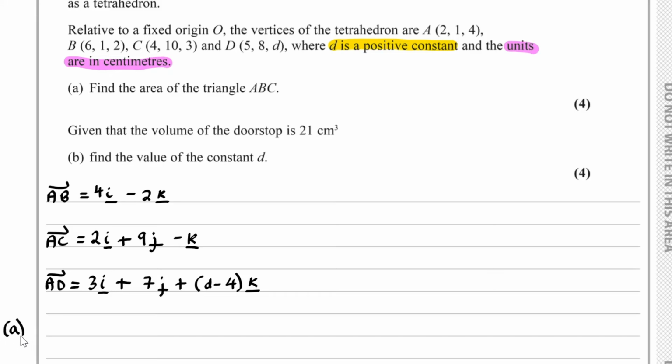So for part A, when we come to work out the area, it is equal to 1/2 times the magnitude of AB multiplied by AC.